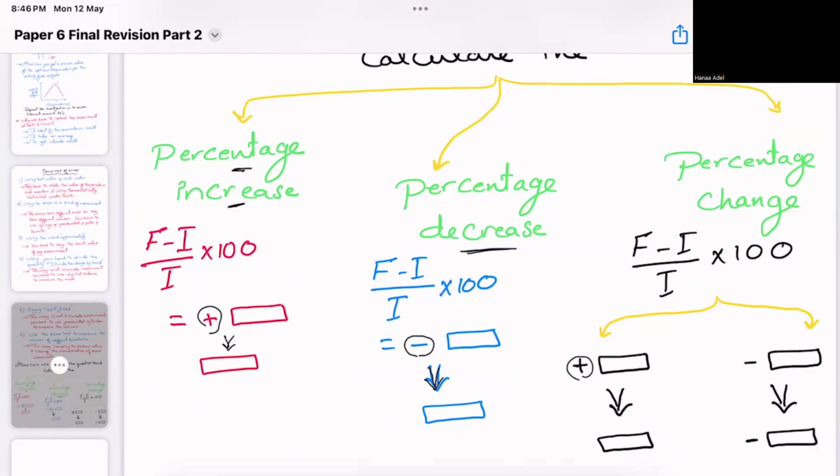This is a very important tip. If it is negative, in this case you have to write the negative sign. Why? Because when the question says calculate the percentage change, we have two options, maybe increase and maybe decrease. How do you know from the calculation that this is a decrease in the value? This negative sign indicates that the change in percentage is a decrease.